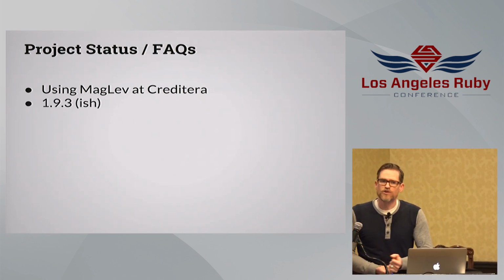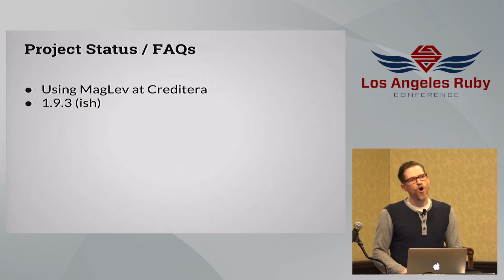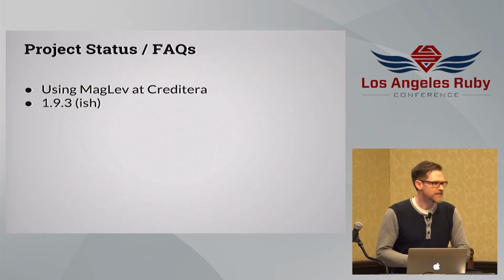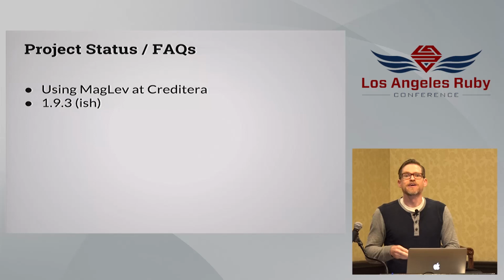Right now, the Ruby version MagLev runs is almost 193 compatible. Thanks to Ryan, who I think stepped out, Ryan has fixed a number of parser bugs just this year. We were able to extract the parser.